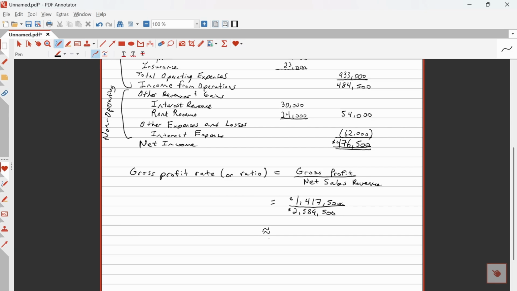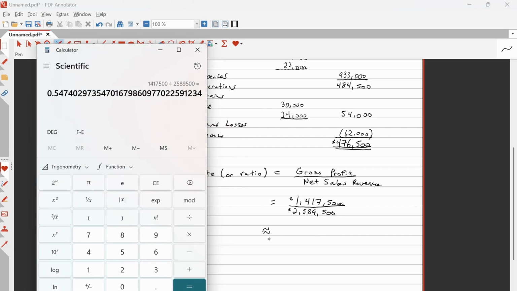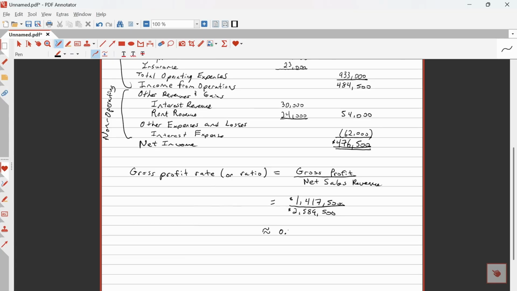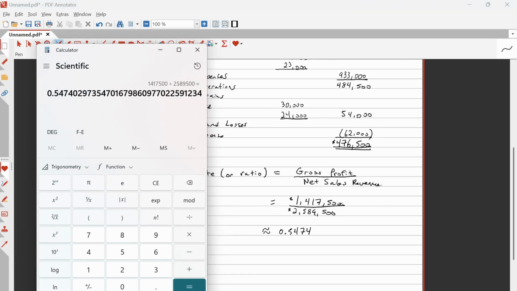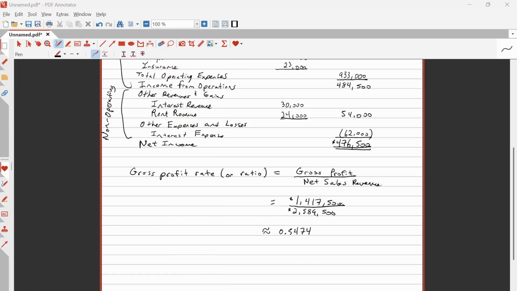So when you do that, you should put this symbol, approximately equal to, if you're going to be doing rounding, 0.5474. It's not exactly equal to 0.5474, but 0.5474 if we round to 4, or if you want to express it in percentage terms, 54.74% multiplied by 100.